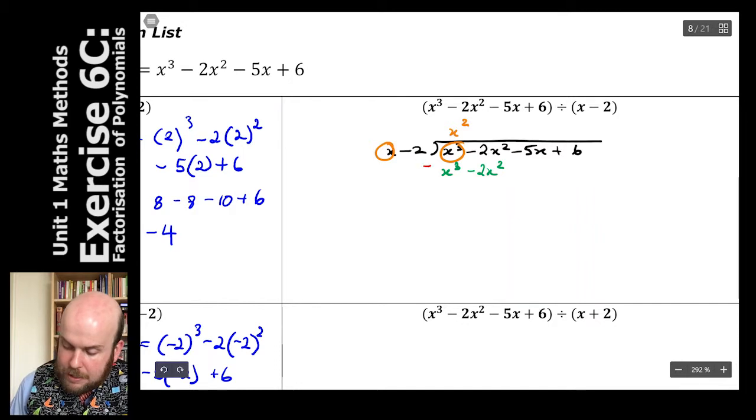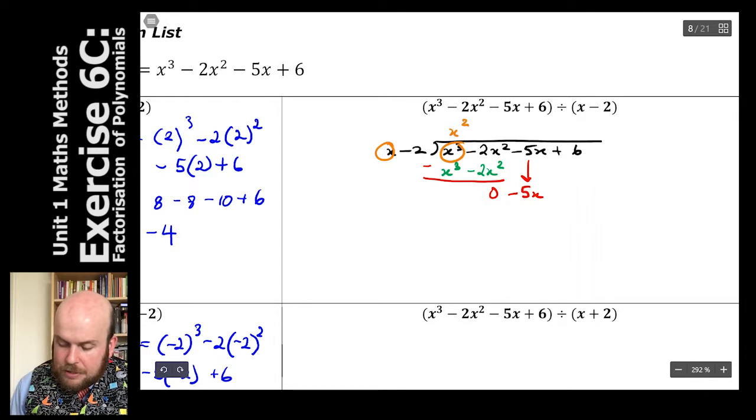Then we do the subtractions. x cubed take away x cubed is 0, negative 2x squared minus 2x squared is going to be 0. So we're going to bring that negative 5x down, and we're going to bring the plus 6 down as well. You'll see why I've done this in a minute.